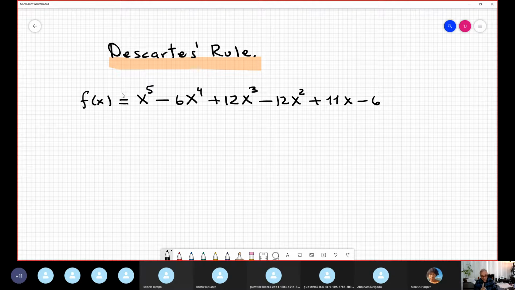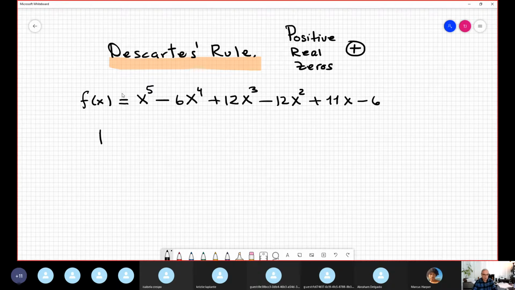The rule of Descartes says the amount of positive real zeros is somehow equal to the amount of change of sign.